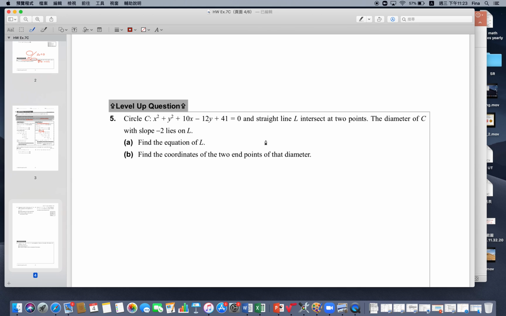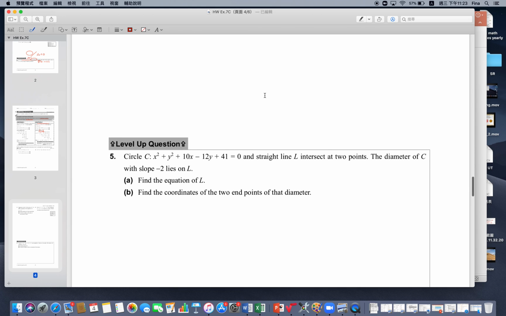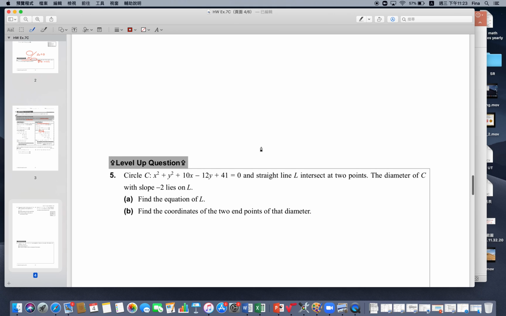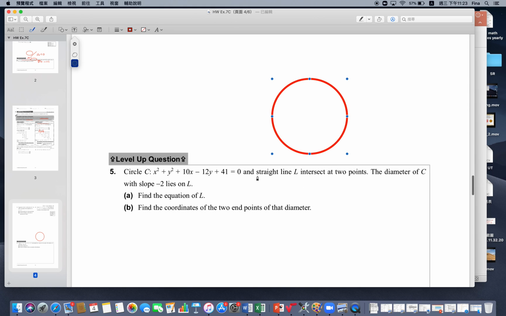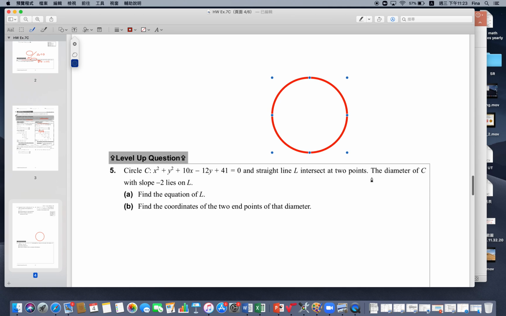Now I want to draw the figure for you as a reference to help you finish this question. Maybe I draw a circle here, and a straight line L intersecting at 2 points. I don't know where the straight line is, but there is some more given information that the diameter of C, this circle, I call it C.